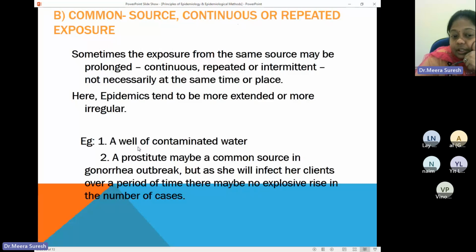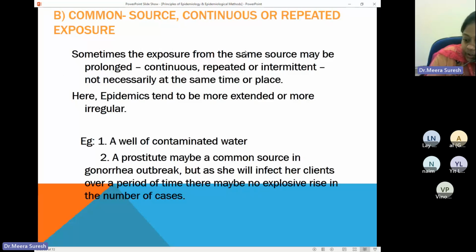So for example, a contaminated well, a well which has contaminated water. Because it is the only source of water, we took the water from the morning, the next morning, the next morning. So we are continuously getting exposed. It is a common source itself, like the reception.